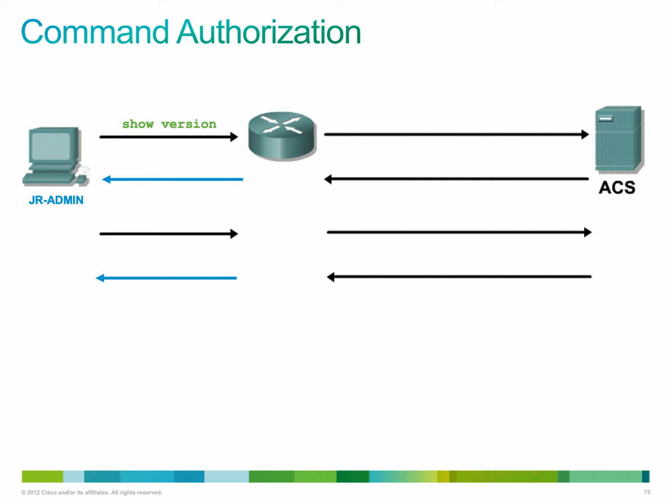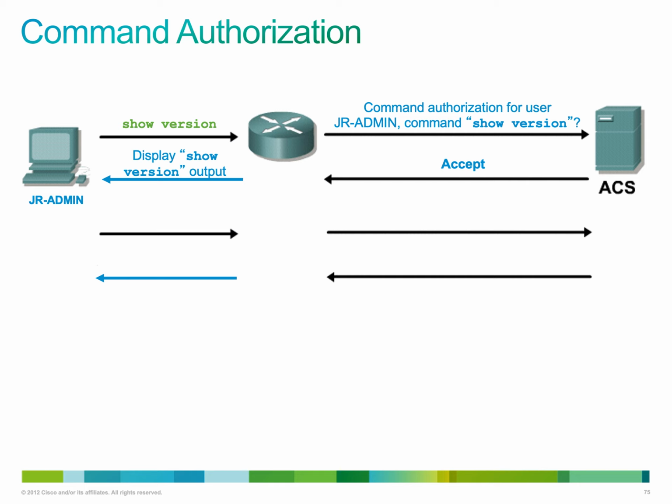See the client with the admin name, you say show version, and then the router will ask the server to command-authorize the user admin for typing the show version command. Once the server accepts, the router will display show version to the admin.